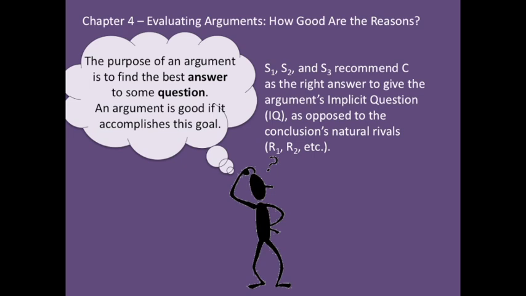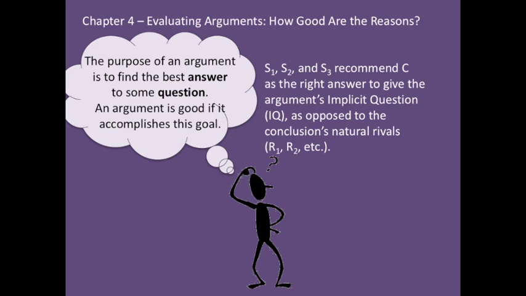So when someone presents support for a conclusion, what they are doing is saying this support recommends this claim conclusion as the right answer to give the argument's implicit question as opposed to the conclusion's natural rivals.